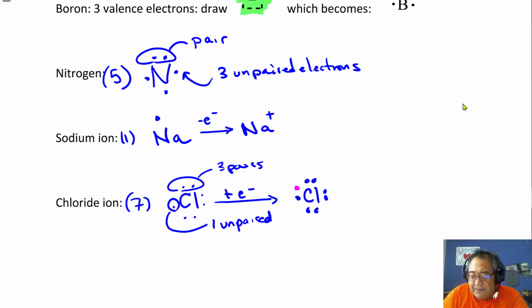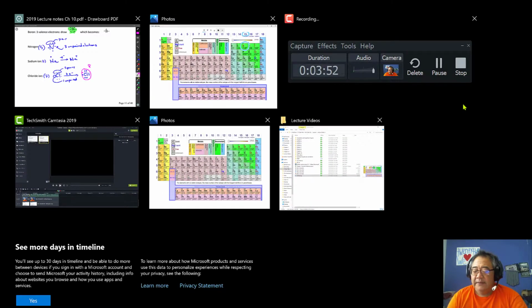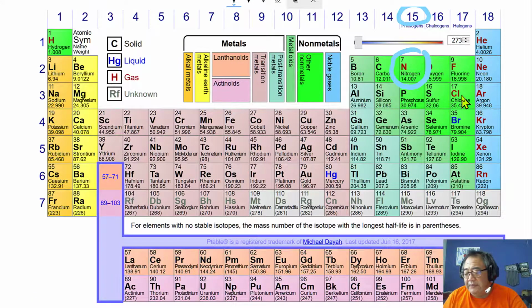This represents the 8. If you think about how many electrons chlorine would have if it picked up 1 electron, we'll go back over here. You'll see chlorine picking up 1 electron will have 18 electrons. So that makes it have that noble gas electron configuration.